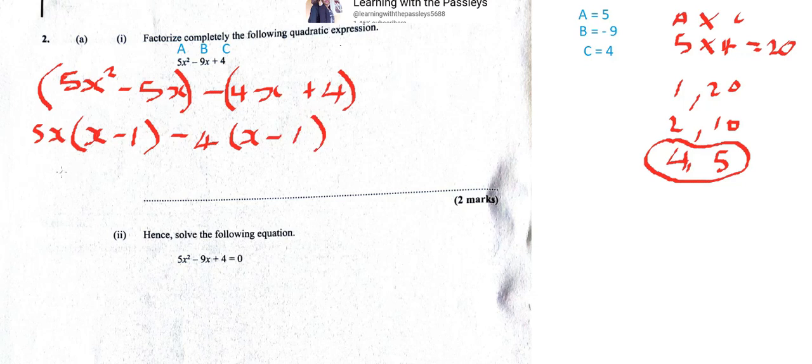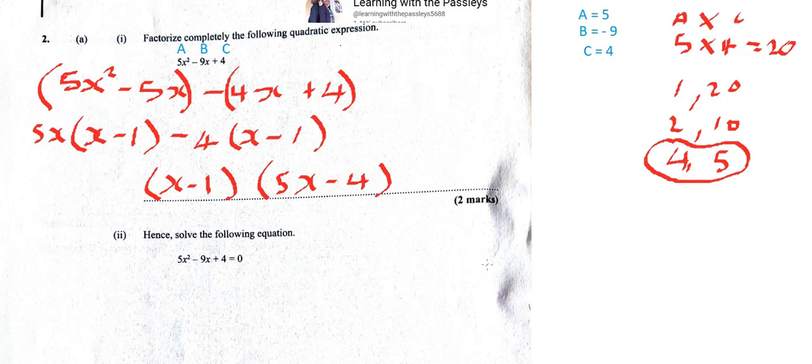So I'm just going to rewrite one of the identical brackets, which is x minus 1. And then I'm going to put 5x minus 4 into the same bracket. And this is your answer, and this is 2 marks.